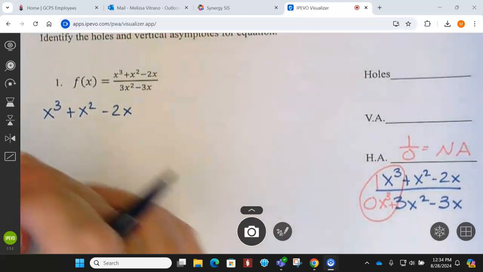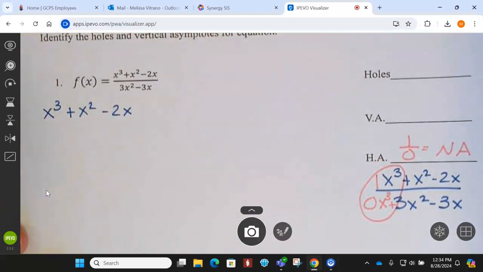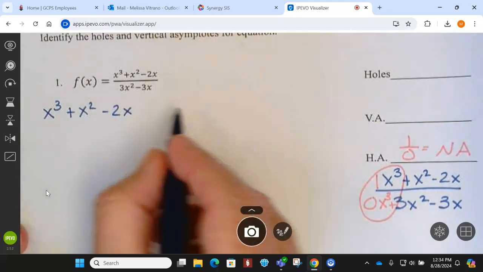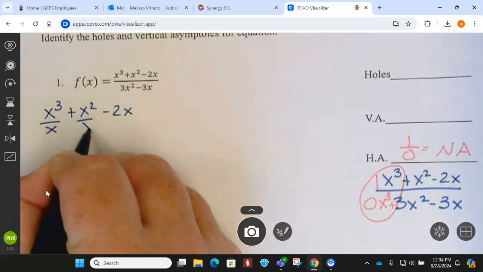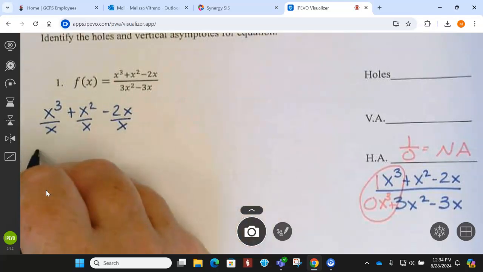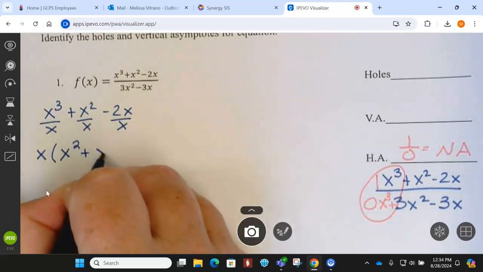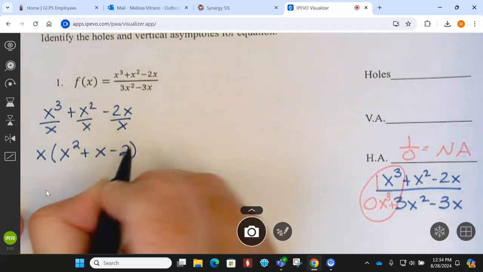They each have an x, so I'm going to factor out an x here. So I'm left with an x, and I'm left with x squared plus x minus 2.